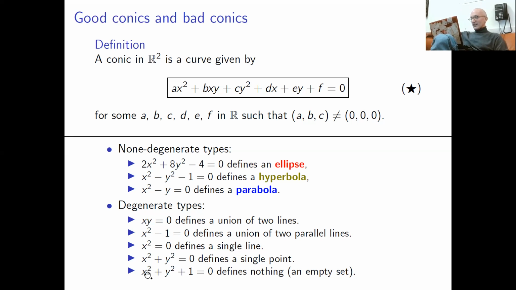And finally, we can have x squared plus y squared plus 1 equals 0. This is just an empty set over real numbers. Of course, over complex numbers, this is a very nice curve, which is not much different from an ellipse. You can think of this as a complex ellipse.